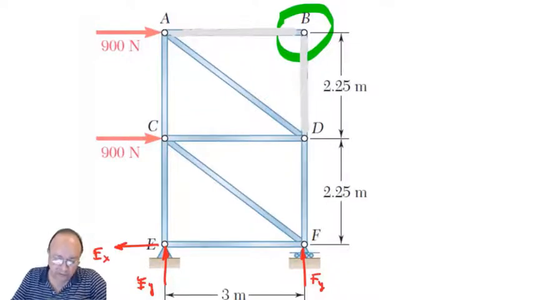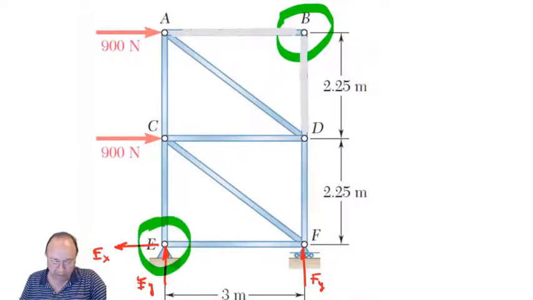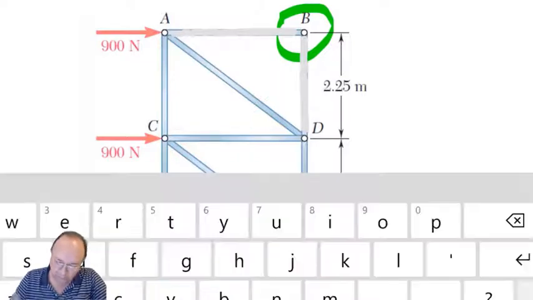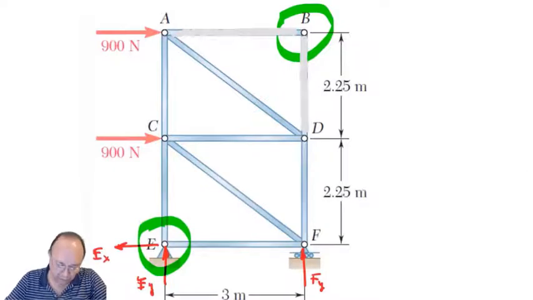Another joint. Let's see any other joint that we can find in the same condition. Well, we have another special joint here, not the same, but similar. We have the four forces.